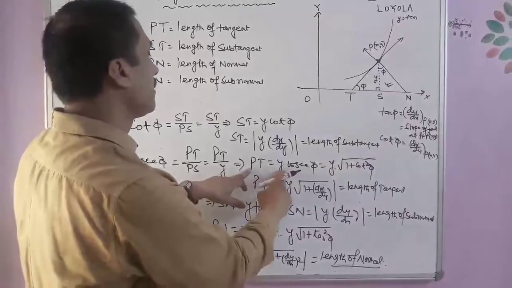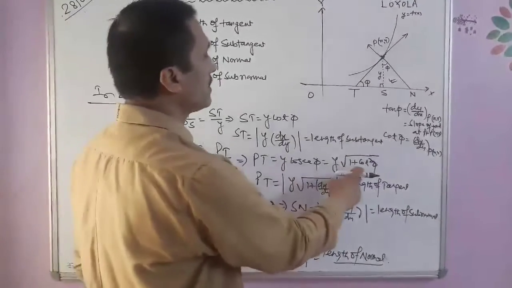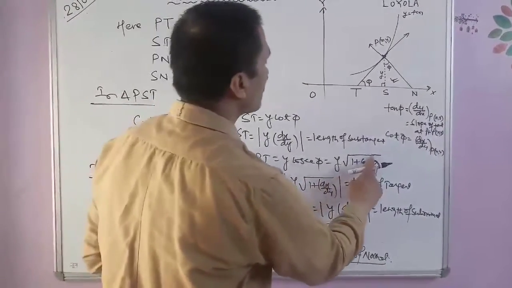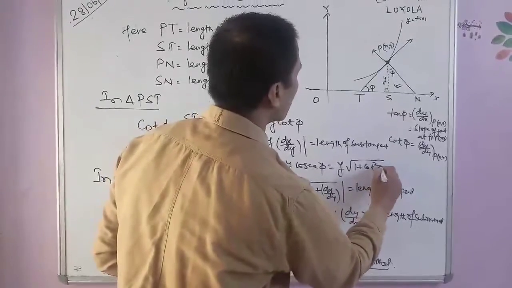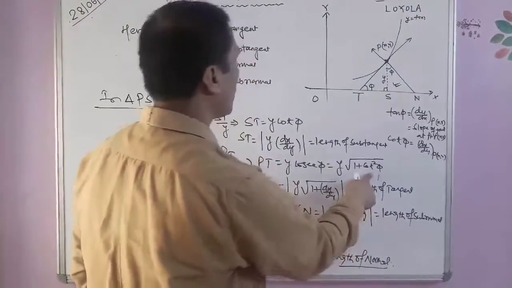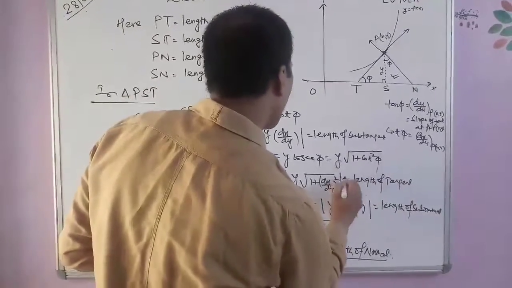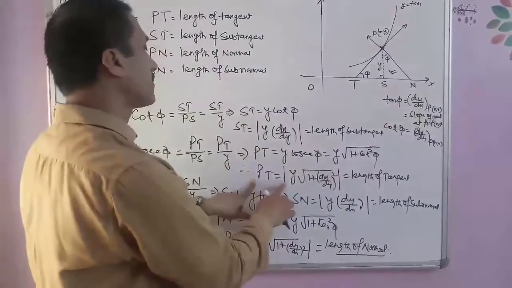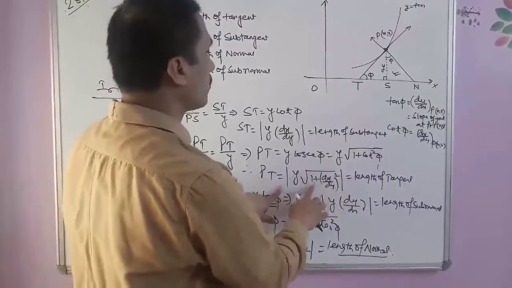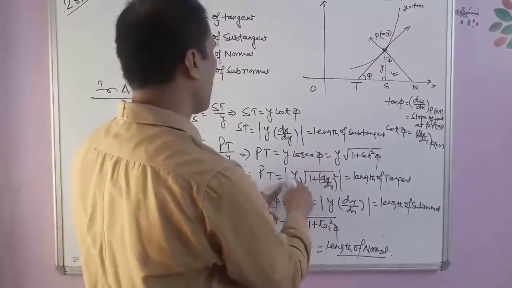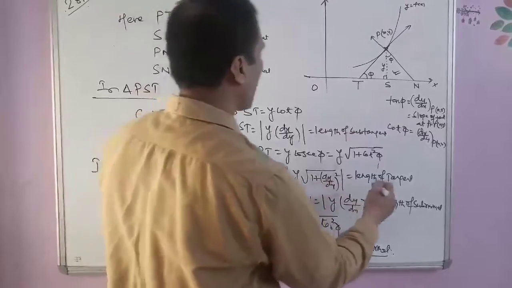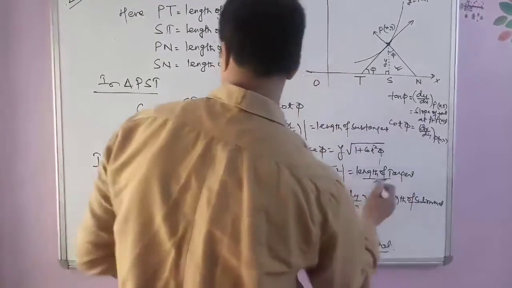PT will be y cosec phi. Cosec phi means root of 1 plus cot square phi, and here we replace cot phi by dx by dy, whole square. So PT, the length of tangent, is y under root 1 plus (dx by dy) whole square. We take modulus in practice. This is the length of tangent.